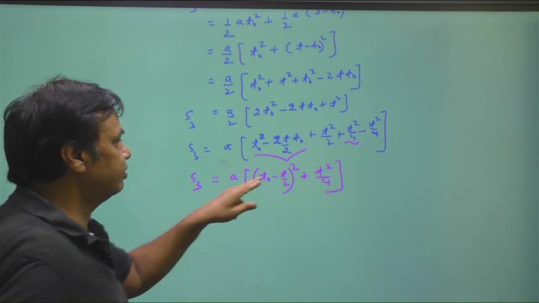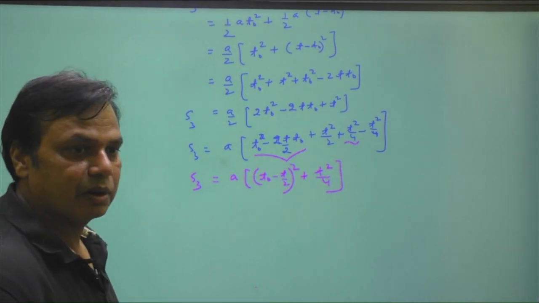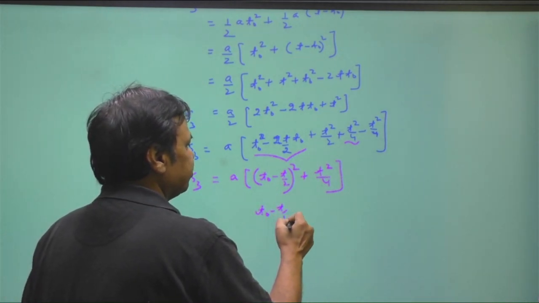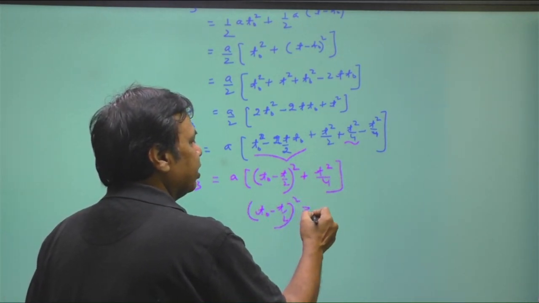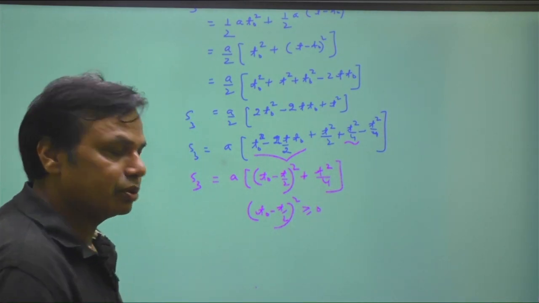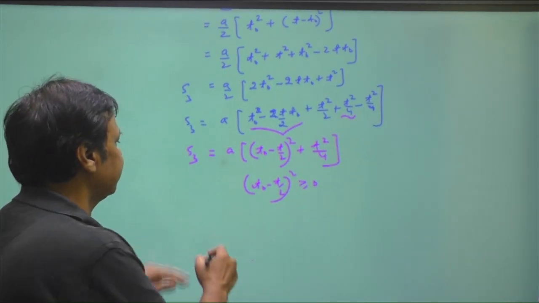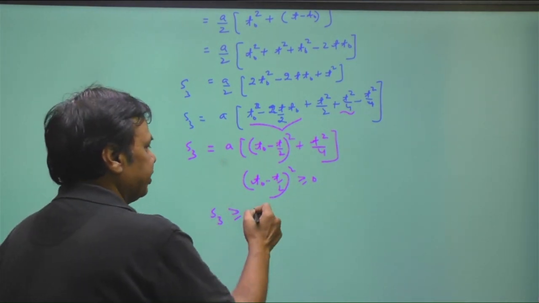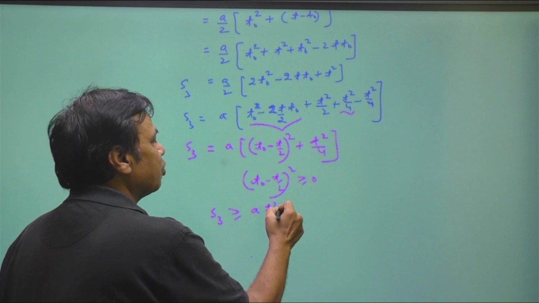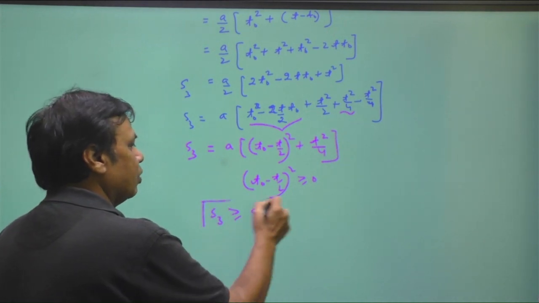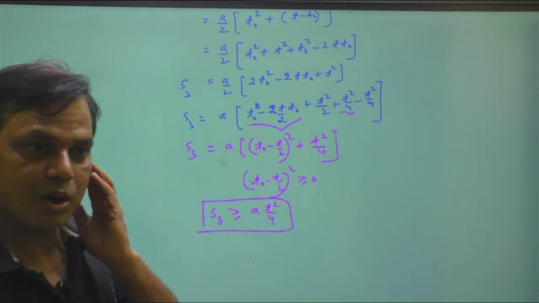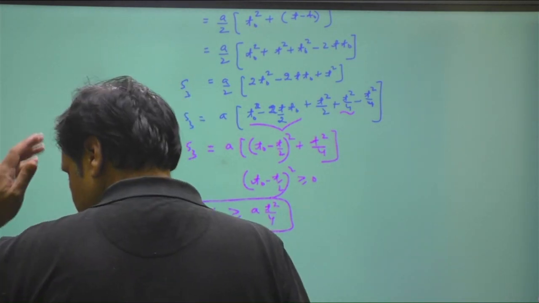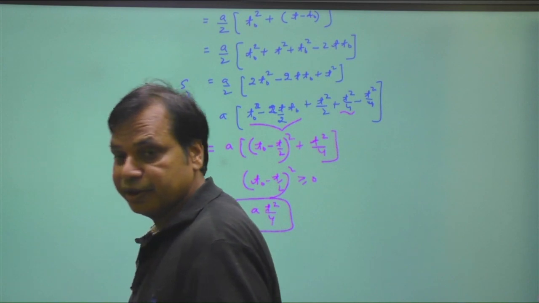Since this is a square, t naught minus t by 2 square, it must be greater than or equal to 0. That means S3 is going to be greater than or equal to a t square by 4. So, what was the question? I forgot. Let me read this again for you.